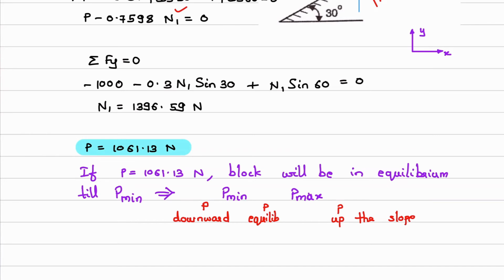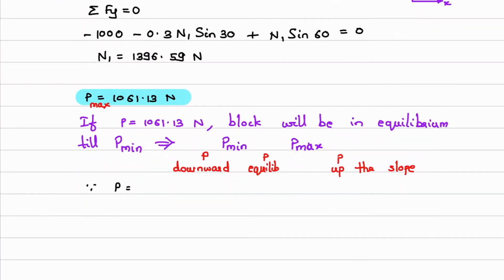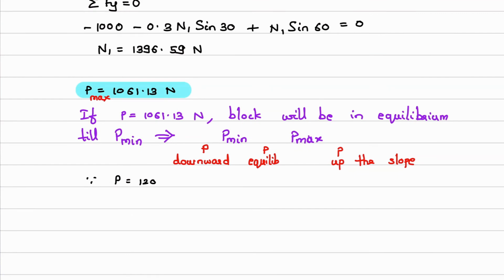Now here whatever value we have calculated of P, that is the P max value. Since P is equal to, what is the value? 1200 Newton. This is given.